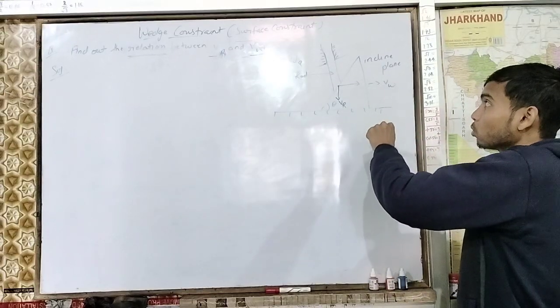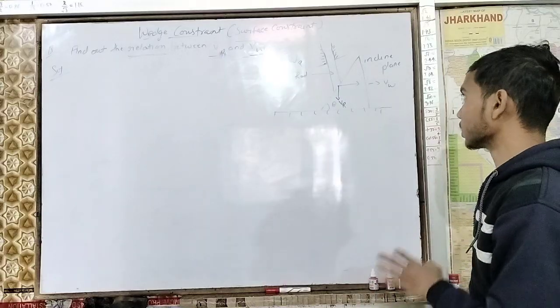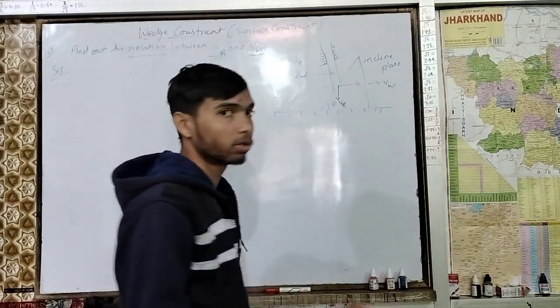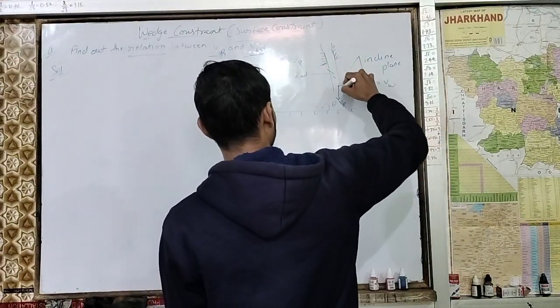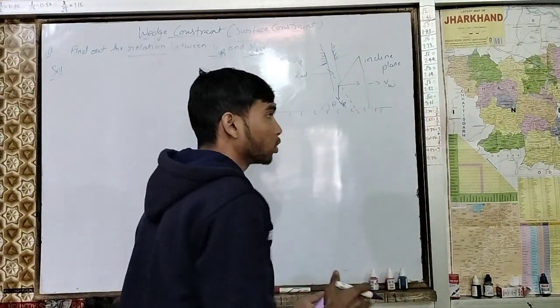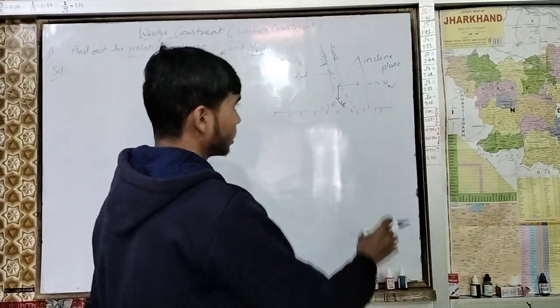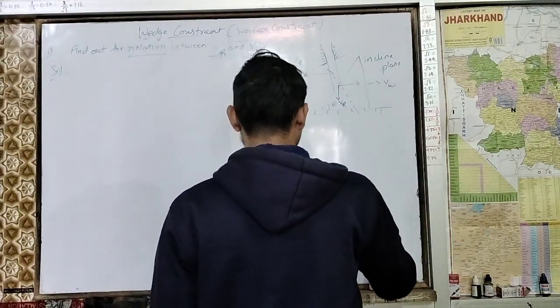That's why I took one VW and VR that are valid for this figure. Both are moving, so the resultant would be in this direction. If both move, then you will see the motion will be in this direction.